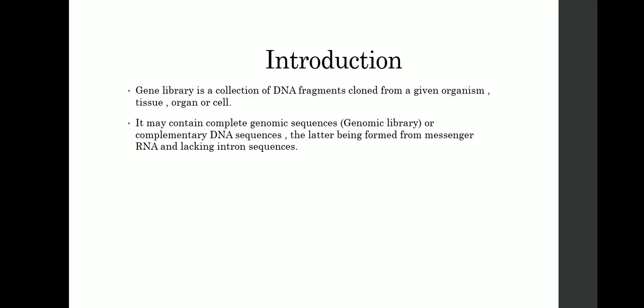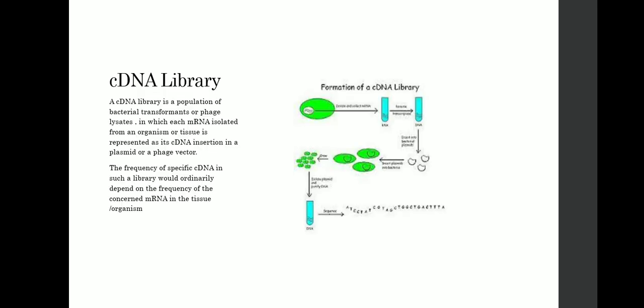Or if the gene library contains the cDNA sequences or complementary DNA sequences only, in that case we call that gene library a complementary DNA library, or cDNA library. First we'll see about the cDNA library.